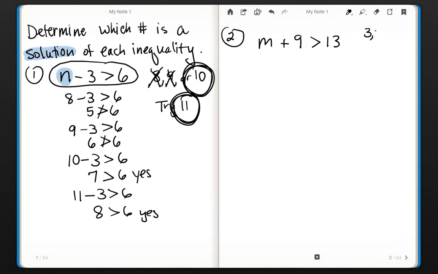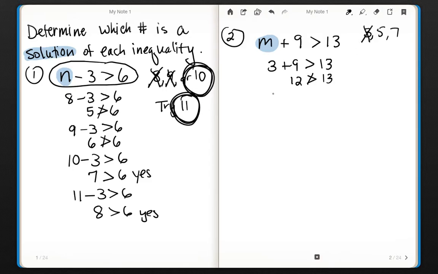Okay, so let's put in, for m, a 3. So 3 plus 9, we want to see if it's greater than 13. Well, 3 plus 9 is 12. Is 12 greater than 13? No. So 3 doesn't work.